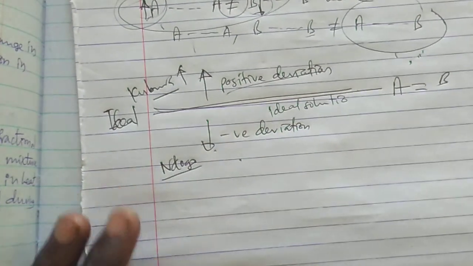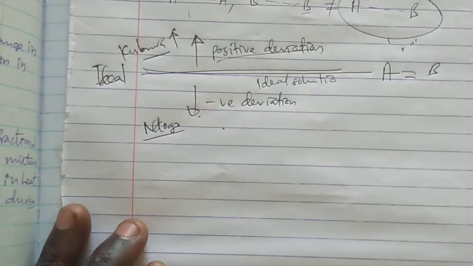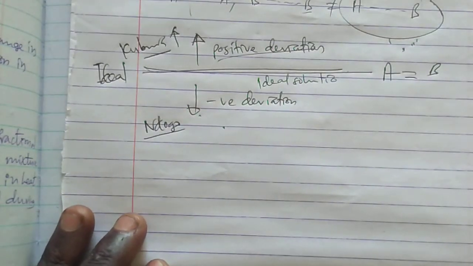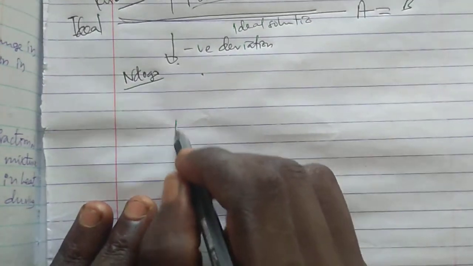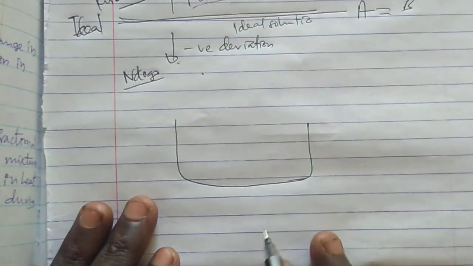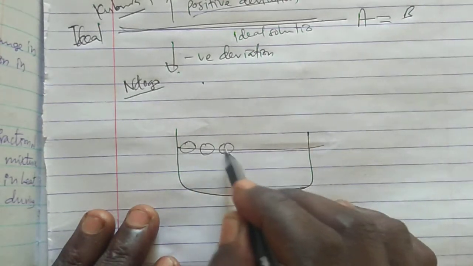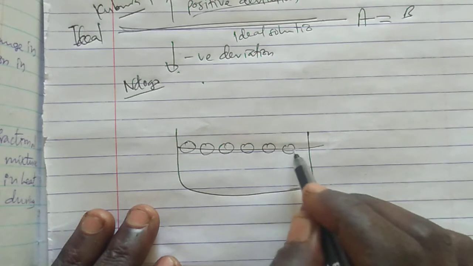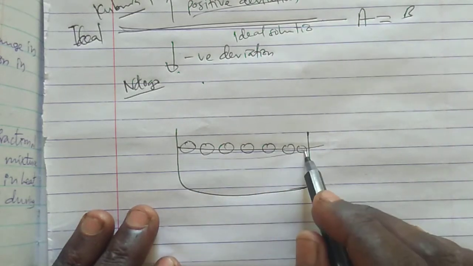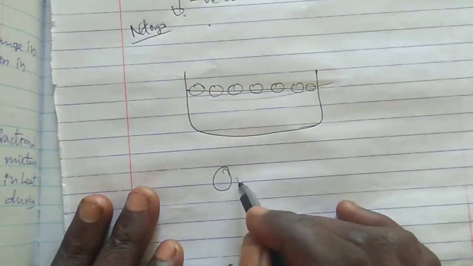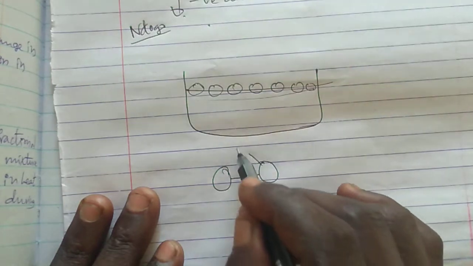So remember, vapor pressure is affected by intermolecular force of attraction. Why? It is because when you have the solution in a container like this, there will be molecules of solvent at the surface. And these molecules of the solvent tend to attract themselves.